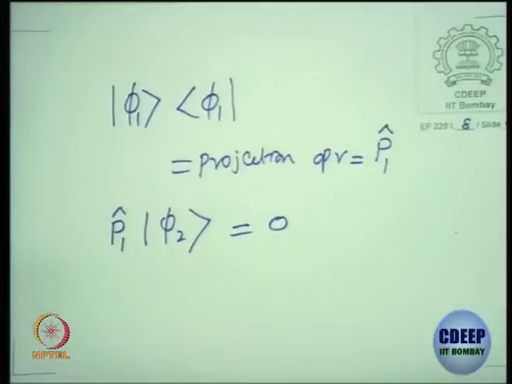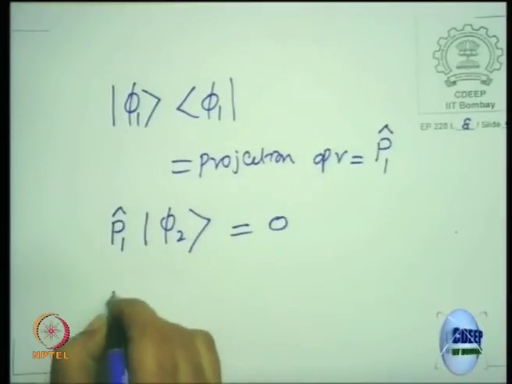So, that is the definition of a projection operator. If you have n basis set, if you define a projection operator which projects onto a specific basis phi 1, then when it operates on the other orthonormal basis, it is going to be 0. That is the definition of a projection operator.